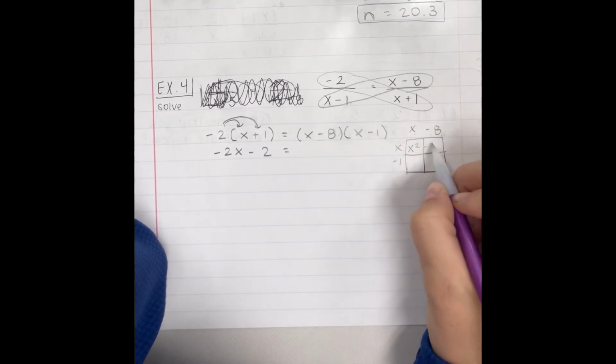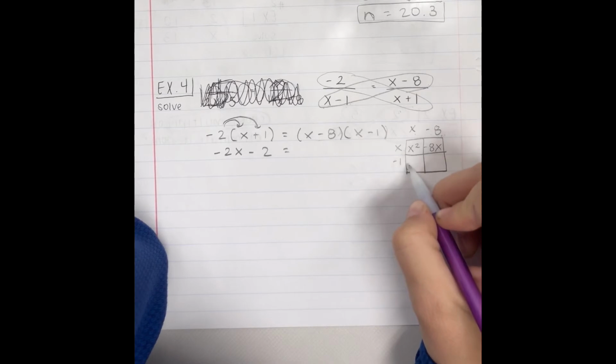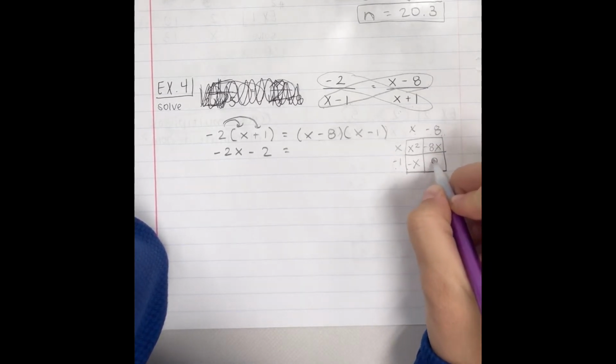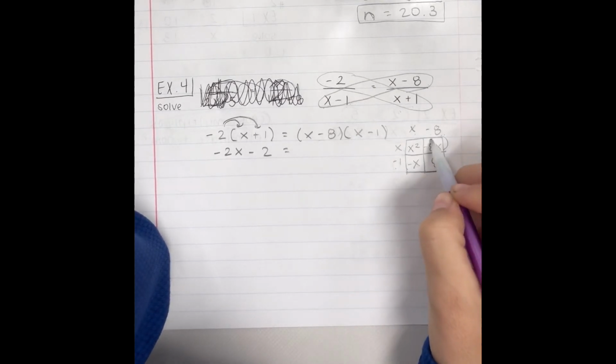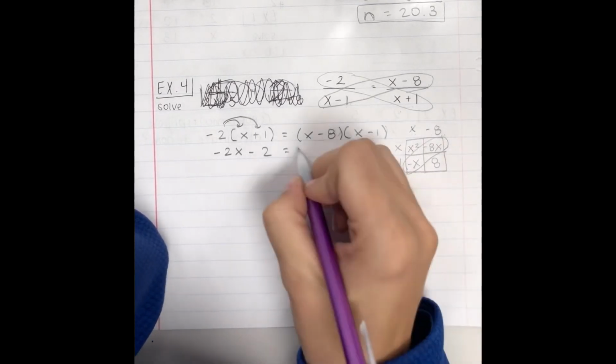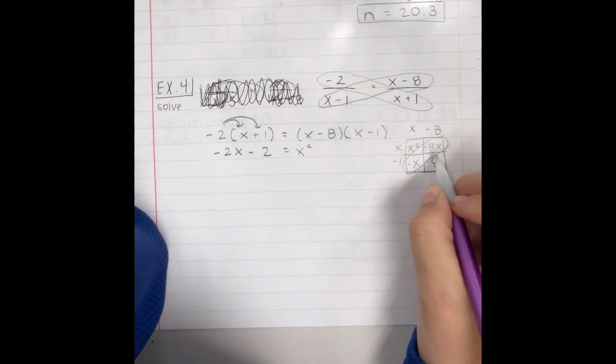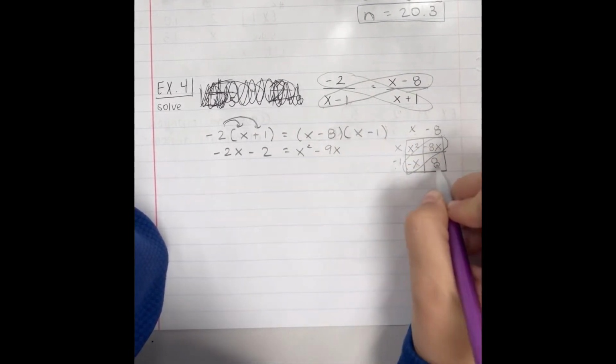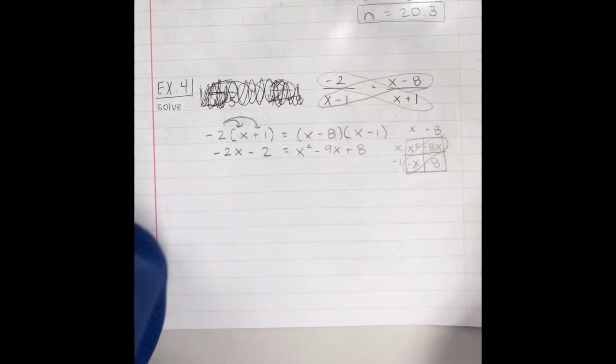Negative 8 times x is a negative 8x. X times negative 1 is a negative x. And negative 8 times a negative 1 is a positive 8. With like terms right here, we have an x squared. Then we have negative 8x minus 1x is a negative 9x, and then a plus 8.